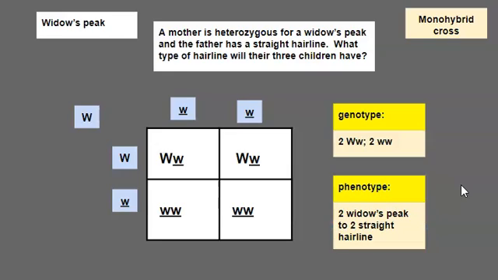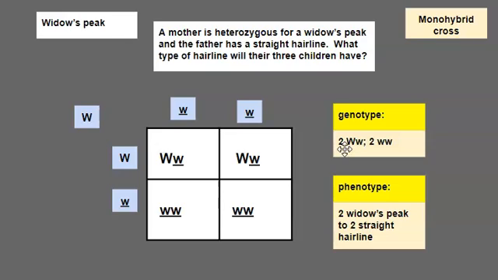Okay, so let's address the question we've been asked. What type of hairline will their 3 children have? Well, we don't have a good answer because each child, every time parents have an offspring, they're going to have the same chance.